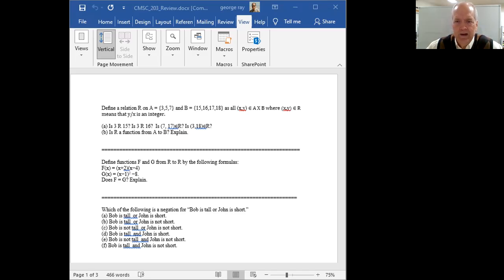One of the conditions is every element in A must be mapped to something in B, and element 7 in set A is not related to anything in set B. The other aspect of a function is each element in A is related to just one element in B. But if we look at element 3 in A, it's related to 15 and to 18. So it fails on that count as well.